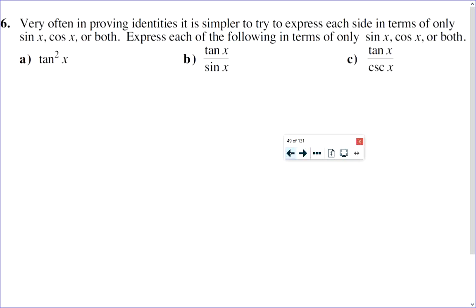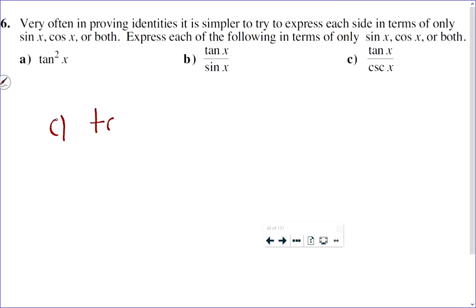So, 6C. So we have tangent over cosecant. Tangent of x over cosecant of x. I'm pointing out something to you that may not be that important to you right now, but this is a single fraction. And there's nothing being added in the numerator or denominator or subtracted.